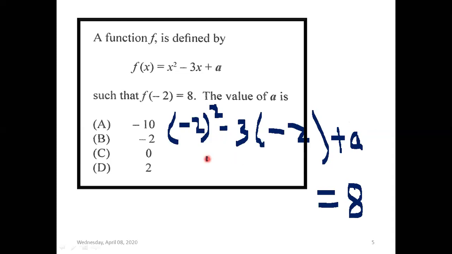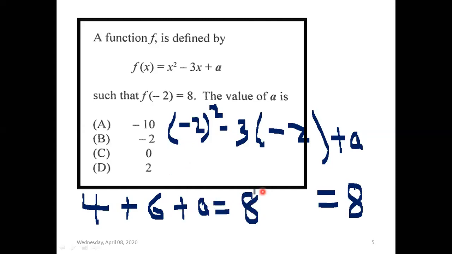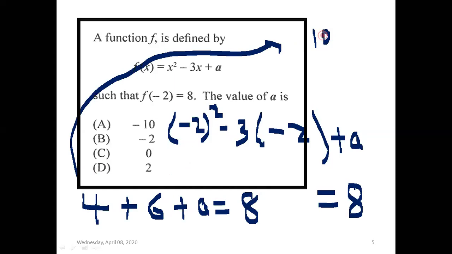All right, so let's work this out. -2 squared would have been +4, not true? Yes, sir. These two negatives will give you a positive, and that's 6 plus A equal 8. And we're gonna go up here. So that's gonna give you 10 plus A equal 8.